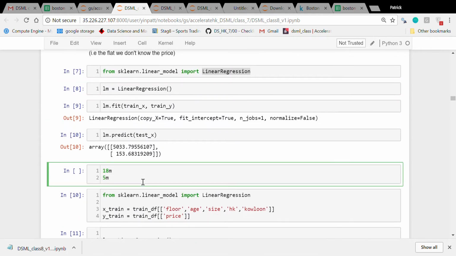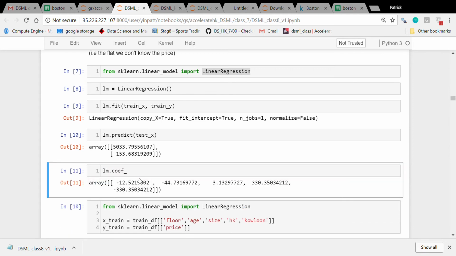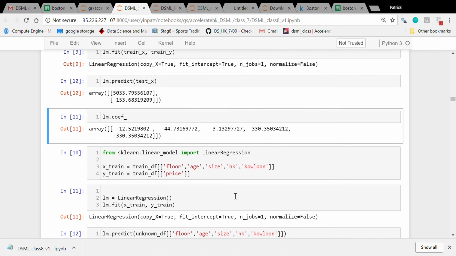One thing to check is do the coefficient check. Okay, this is my coefficients. Does everyone understand what coefficient means in a linear regression? Okay, so linear regression is just plotting a linear line based on all the variables.